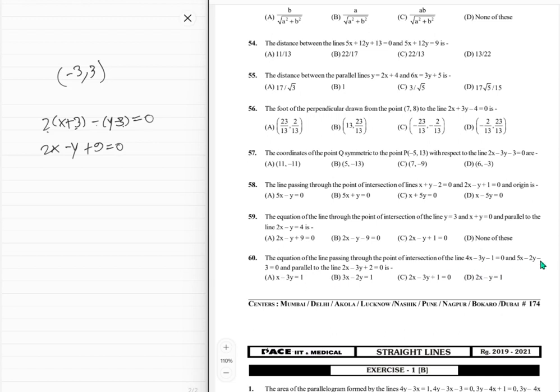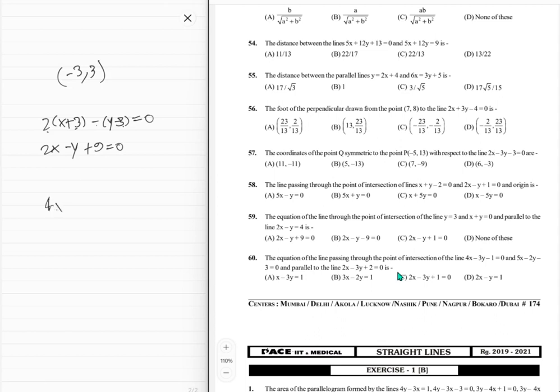I don't want to find what the point is because it looks very horrible. Parallel to this line, huh? Okay, so let's think about it. Maybe we could simplify the equations first.